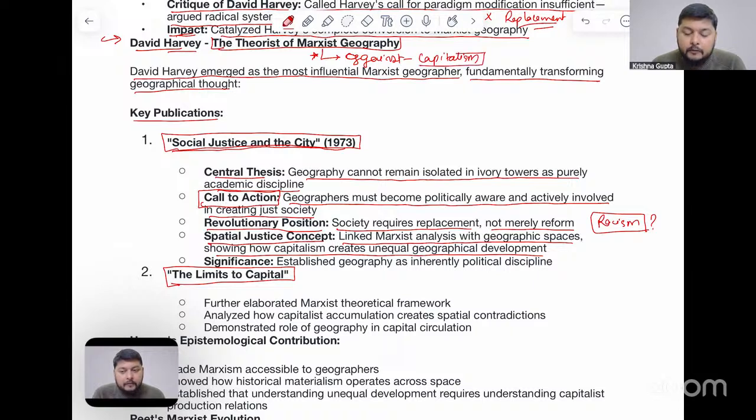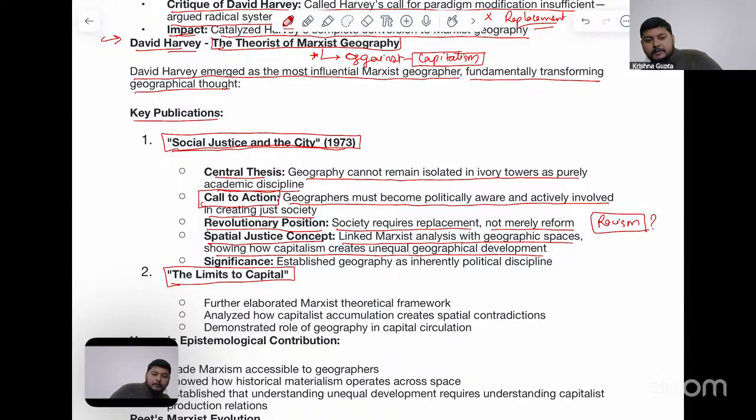Now, one question I would like to ask you: what is actually capitalism? थोड़ा आप इस पे सोचिए and do write your views in the comment box which is provided here. What is capitalism? Capitalism actually क्या है?